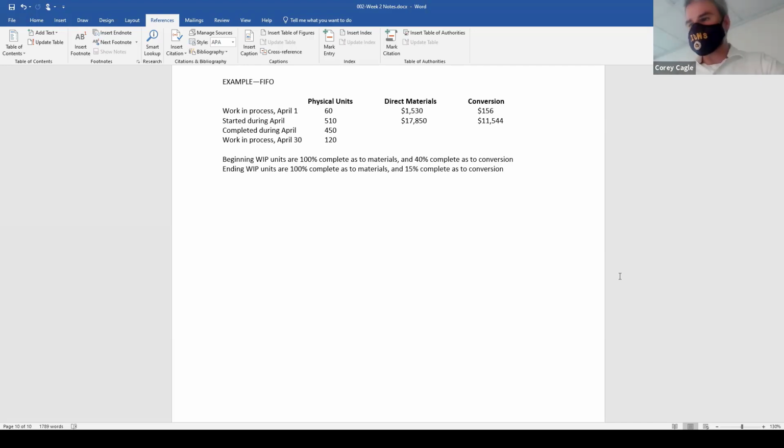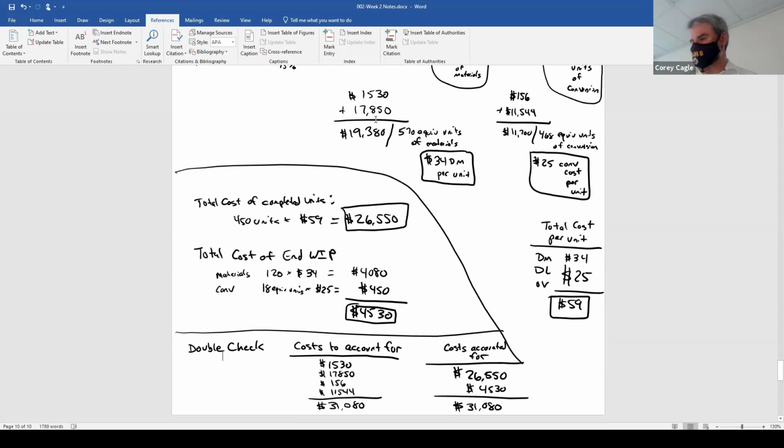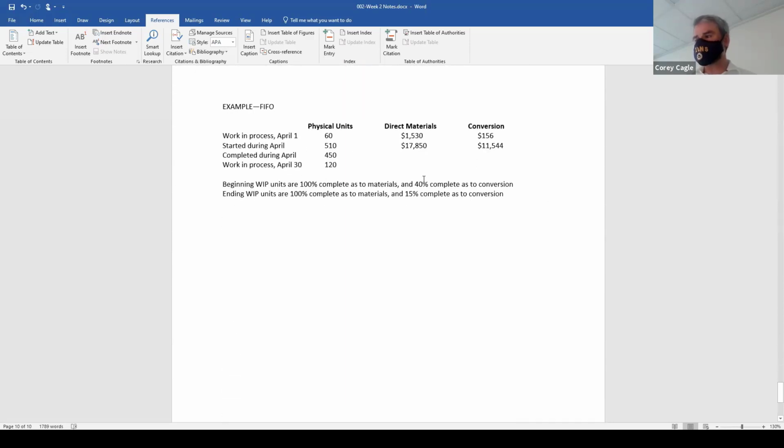The only real difference is with weighted average, we just kind of cram some numbers together with the step 3 there. Just kind of added them up and did some math. With FIFO, you're being more precise. You are keeping the money that was spent last period associated with the product that was done last period, or the portion of the product that was done last period. So it's more intensive, it's more accurate. So yeah, there you go. So let's see, be sure to keep them straight. Don't let them run into each other and get you confused.